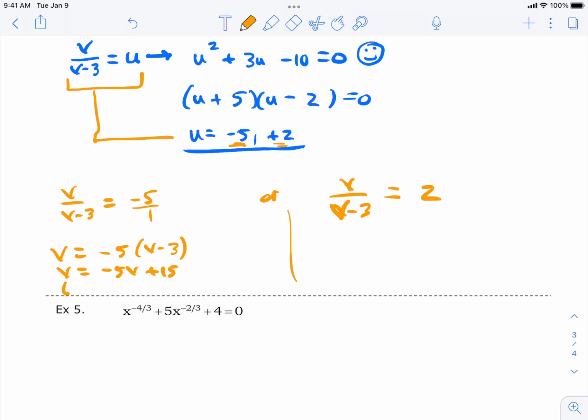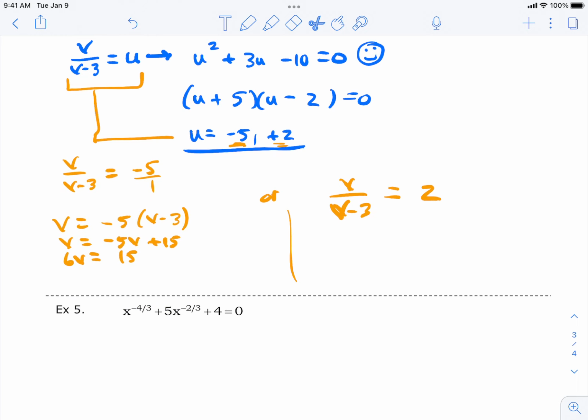If I add 5v to both sides, I get 6v equals 15. So v is equal to 15 divided by 6, and make sure you do reduce. 15 and 6 can both be divided by 3, so we get 5 halves. That's one of our solutions. v could be 5 halves.